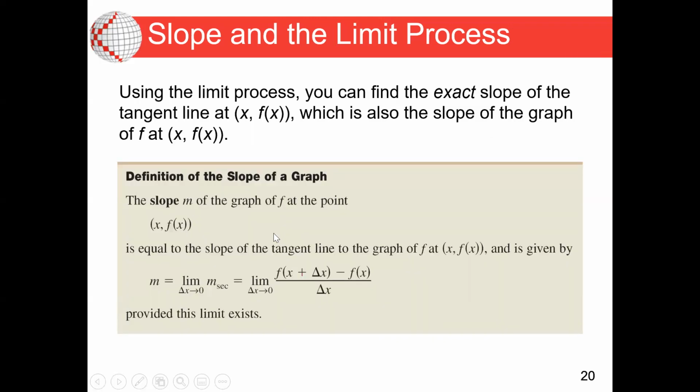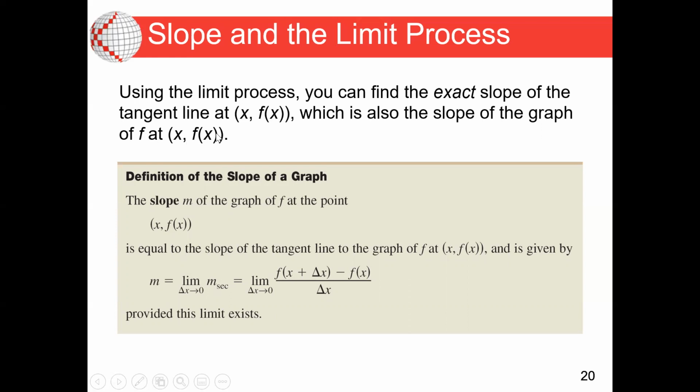So this will lead us to the definition of the slope of a graph using the limit process. Using the limit process, you can find the exact slope of the tangent line at x, f at x, which is also the slope of the graph of f at x.